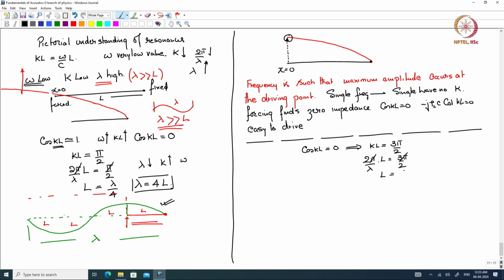L is equal to 3 lambda by 4, that means the string length is 3/4 of lambda. So now the frequency has gone up further, omega has gone up further, so k has gone up further, so lambda has come down further. Now the length of the string accounts for 3/4 of lambda.